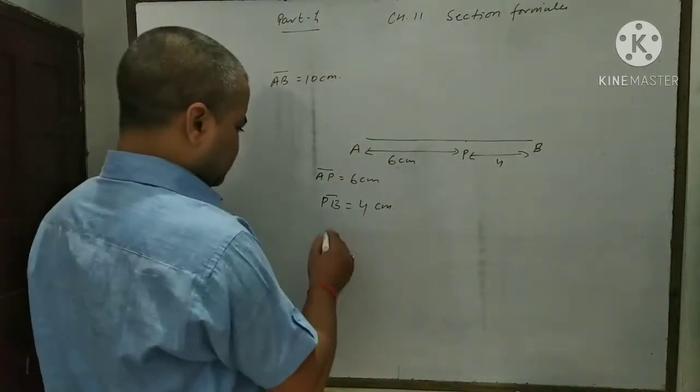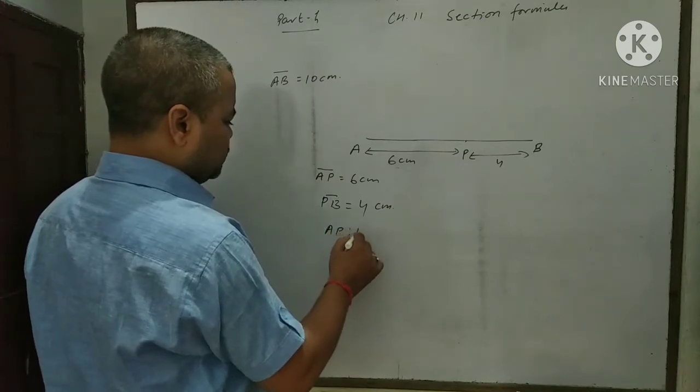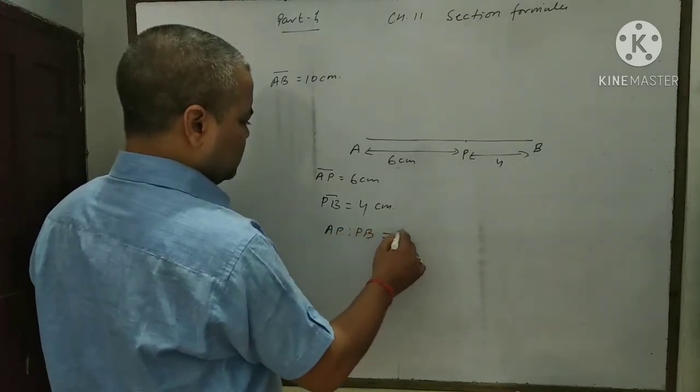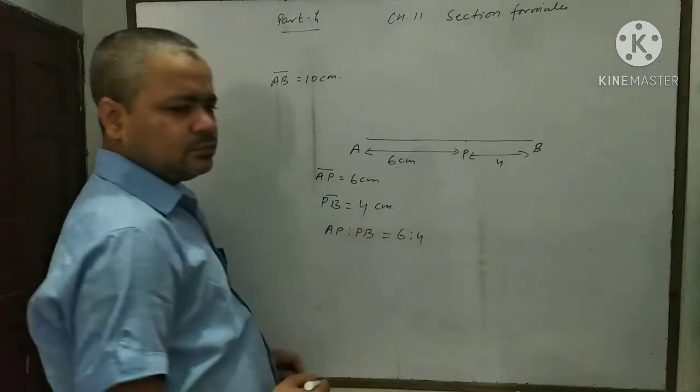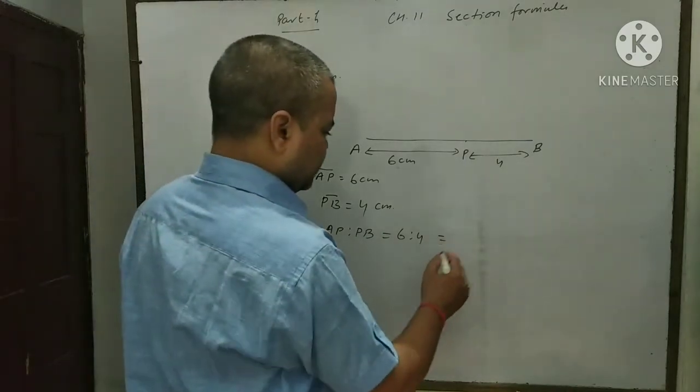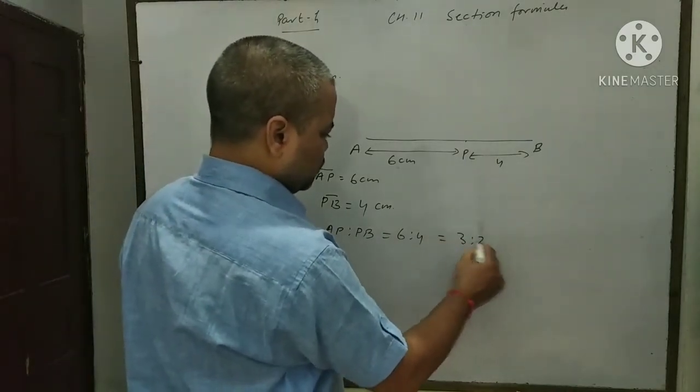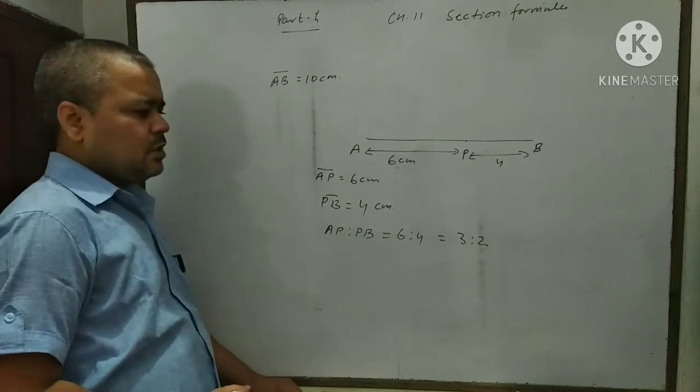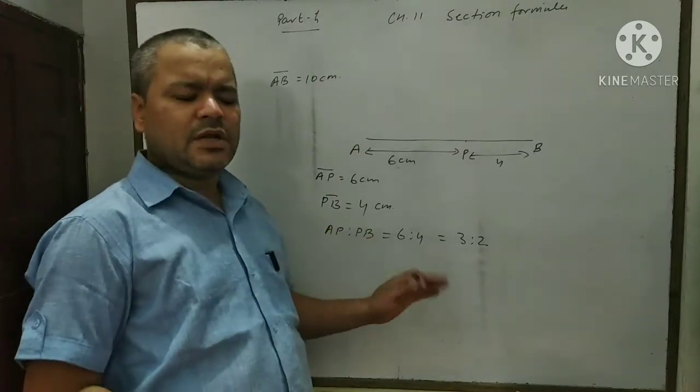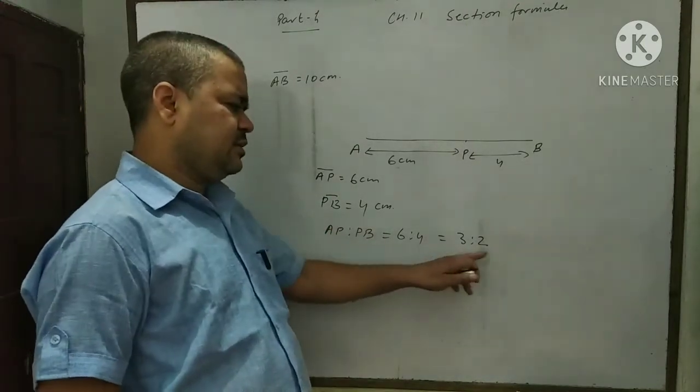So we can say that AP is to PB is equal to 6:4, or we can write 3:2, the simplest form. Since the ratio is always in the simplest form, we write 3:2.